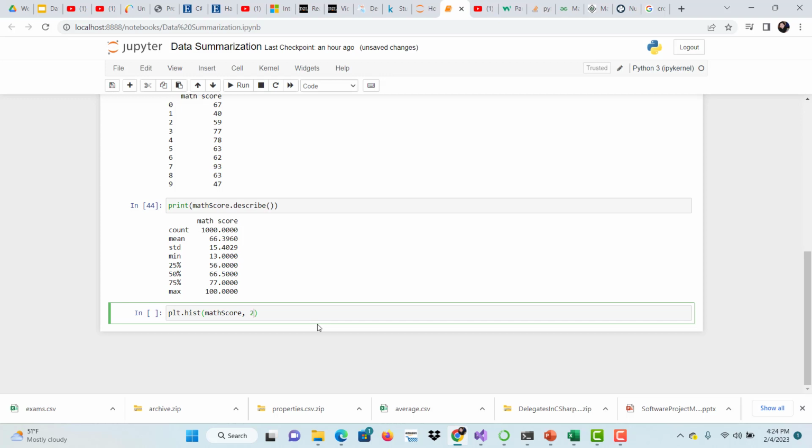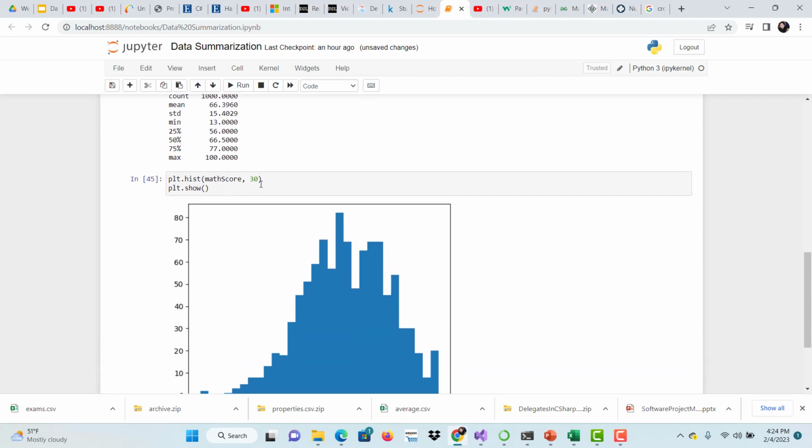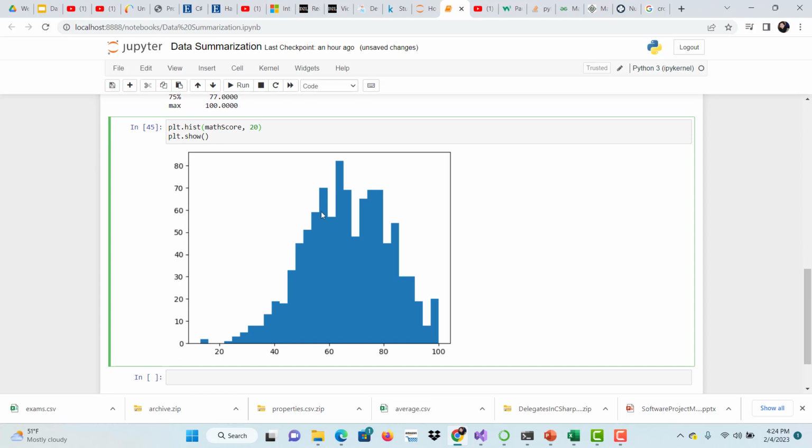I'll just set 30 first. Let's see the difference. Okay, this is 30 bins. If I do 20, you can predict what will happen. There are fewer bins, so the bins will be a little bit wider.